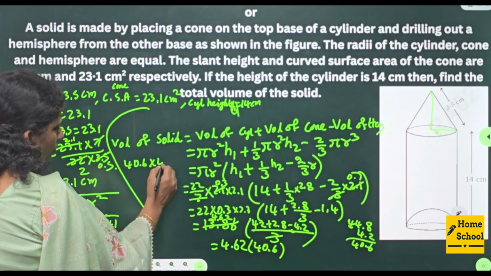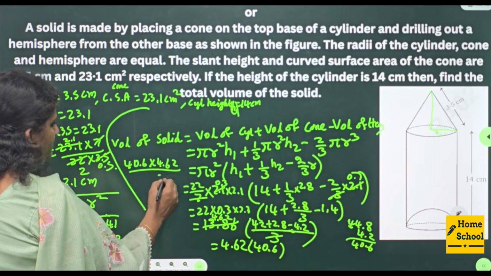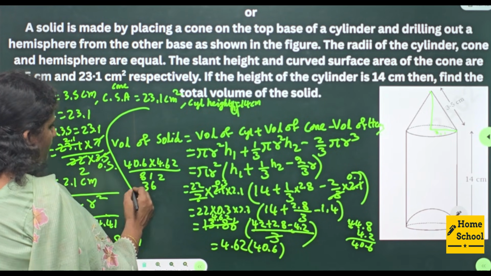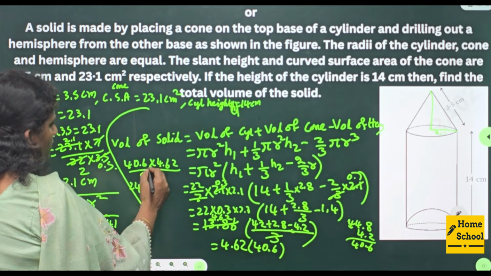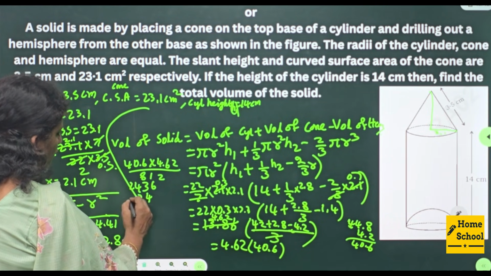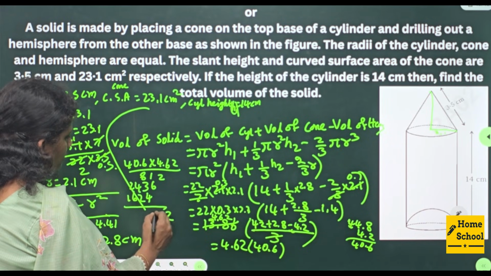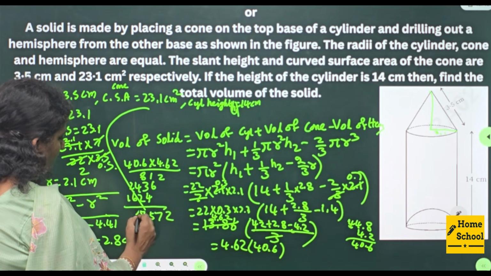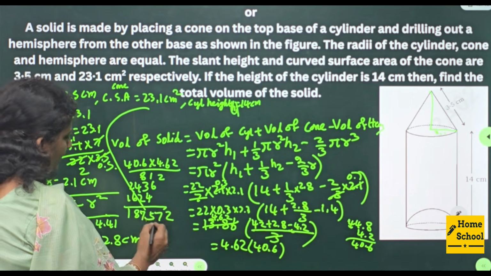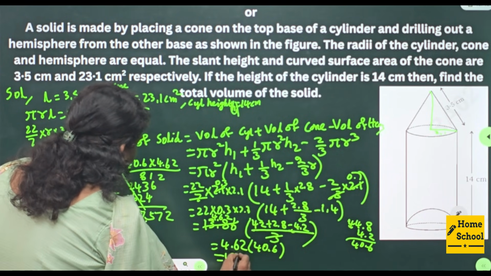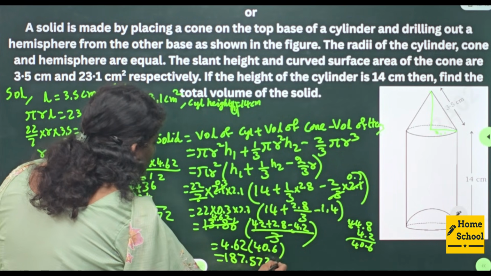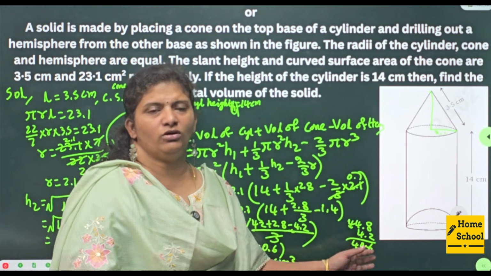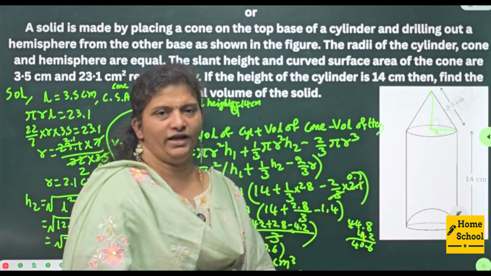40.6 into 4.62. After multiplying, we get 18757 and, after 3 digits, 187.572 centimeter cube is the remaining volume of the solid.